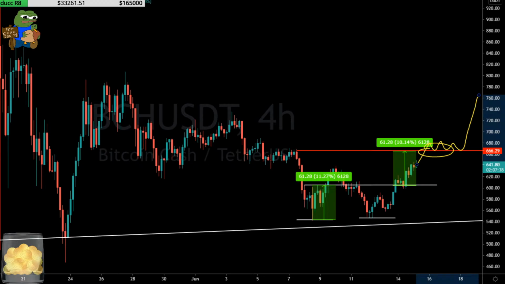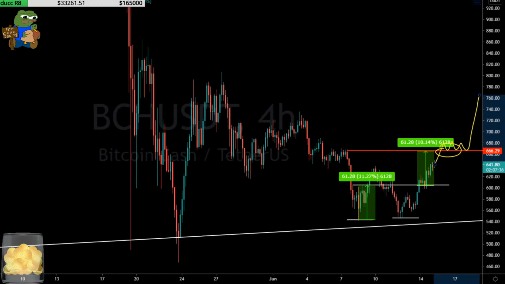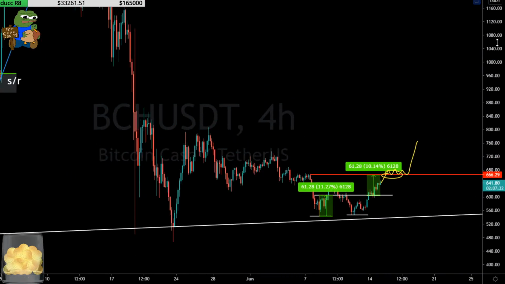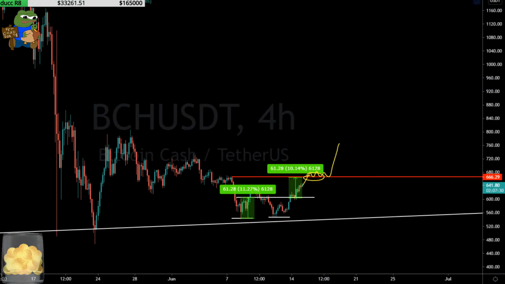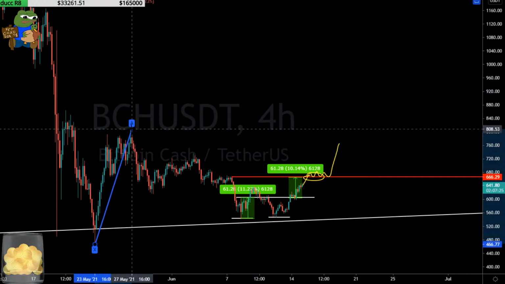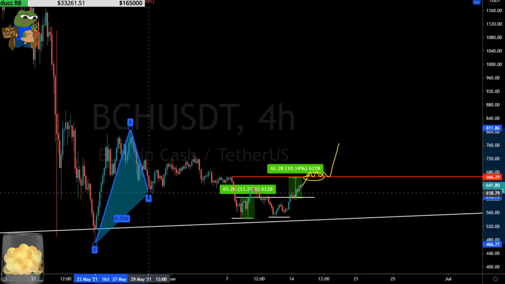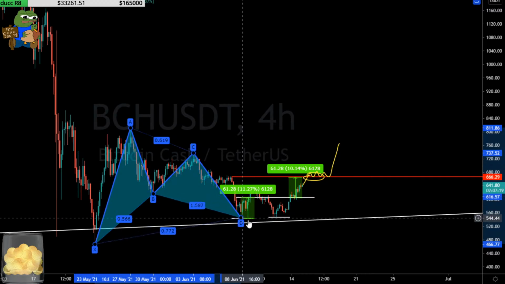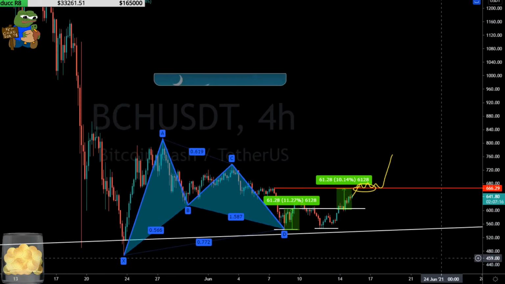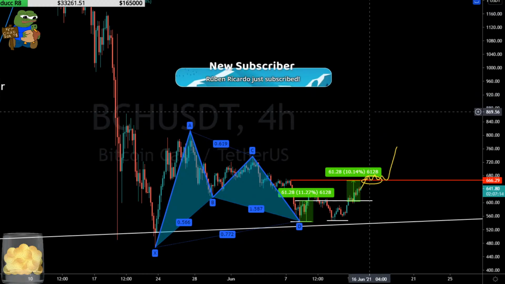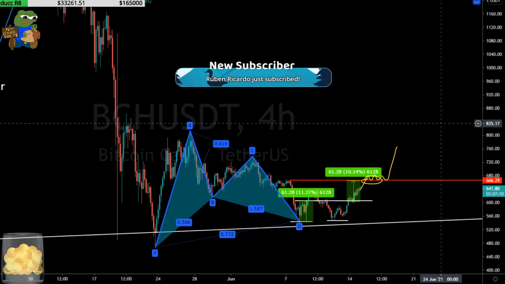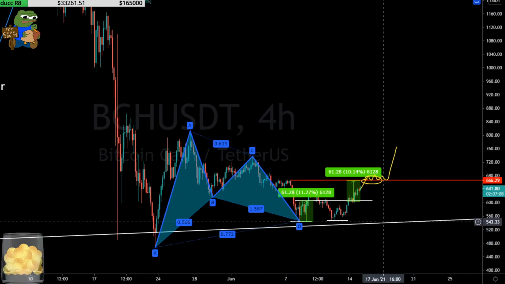Okay, so Bitcoin Cash, zooming out a bit on this, we do have a decent little structure in development. X, A, B, C, D, double bottom. So it's possible here that you already have a low in.